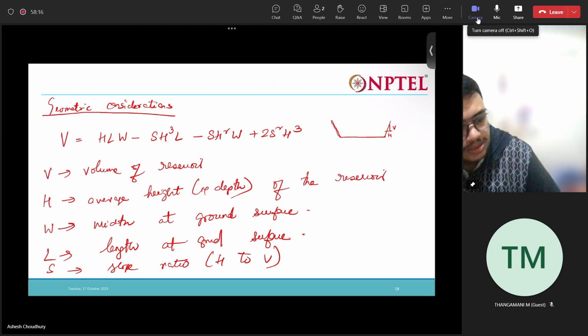S is slope ratio, horizontal over vertical, in our case 3 by 1.